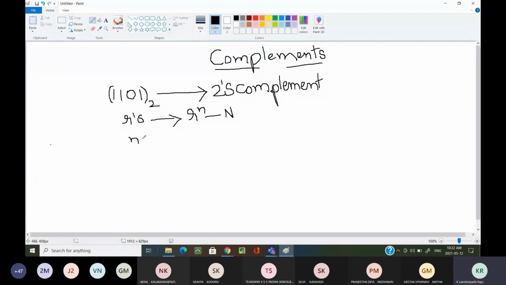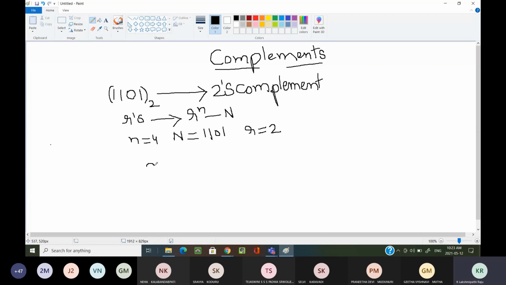How many bits are there? 4 bits are there. What is capital N? Capital N equals 1101. What is R here? 2. Now, apply the formula.